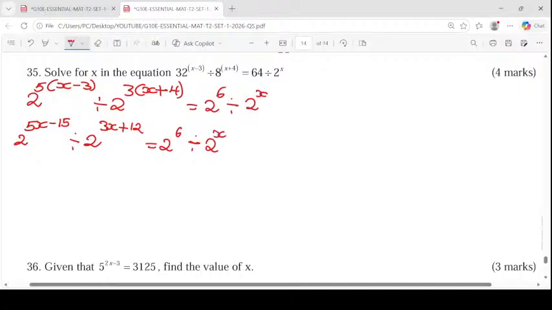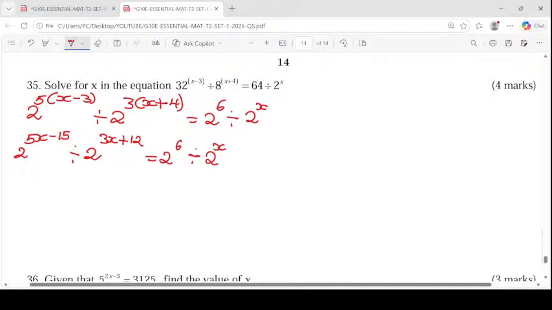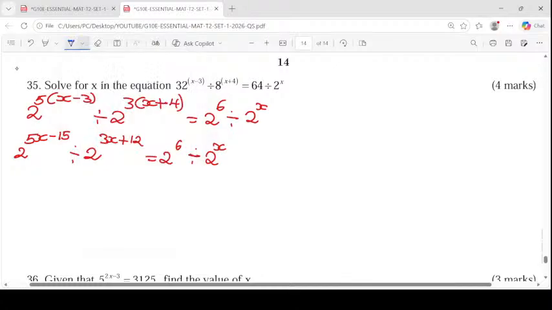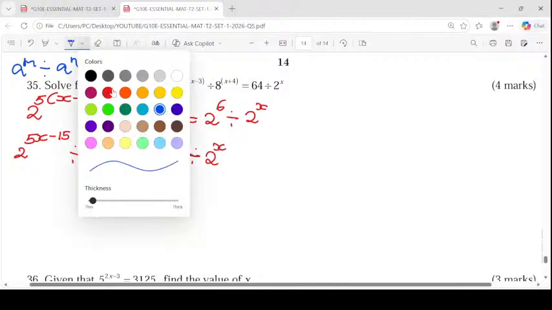Then there is a law that says a power m divided by a power n is like saying a power m minus n. I want to apply that law on the left hand side.